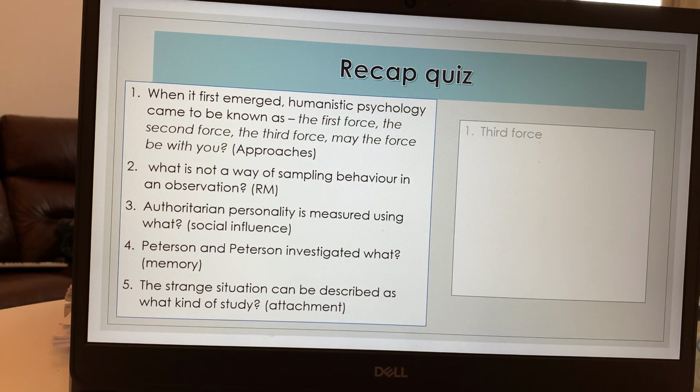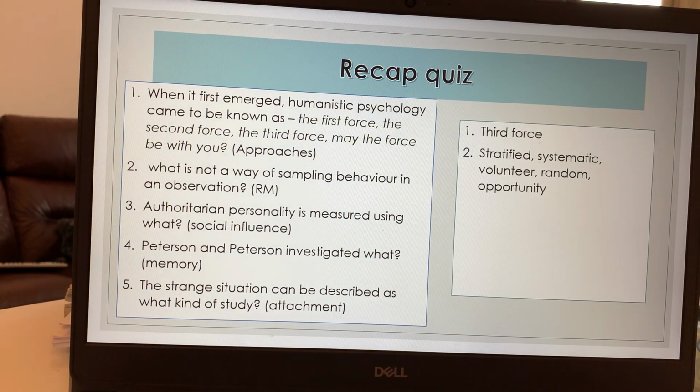So we have the third force. Stratified, systematic, volunteer, random and opportunity: all of those you do not use in an observation. When you're doing sampling in observation, it's time and event. The F scale, the fascism scale, was to look at authoritarian personality.